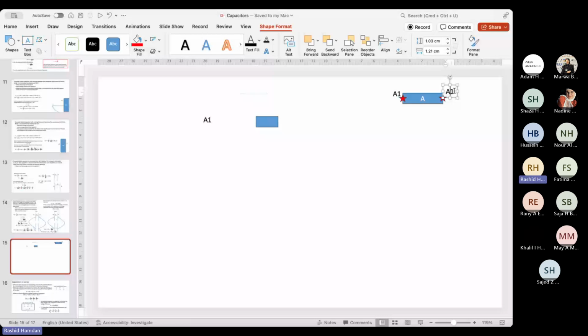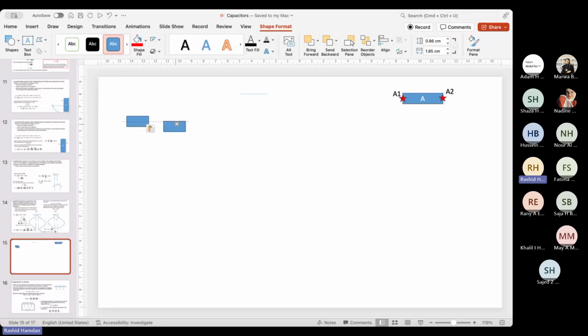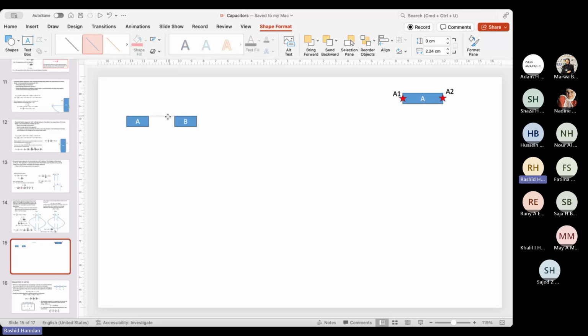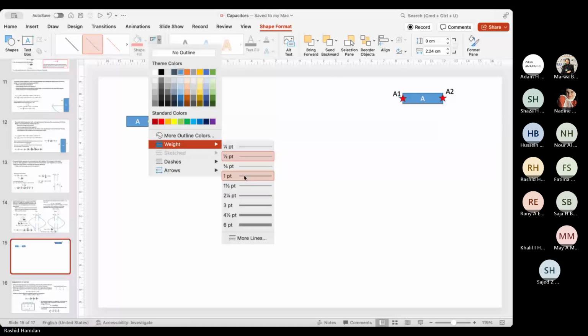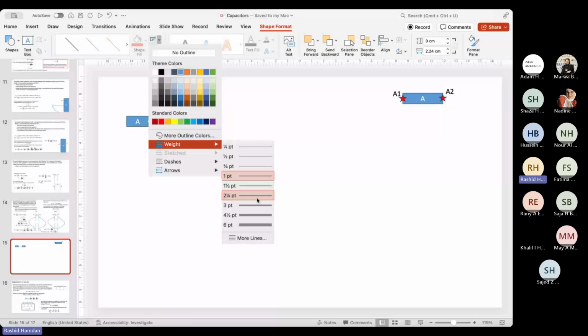Now, I want to connect things in a circuit. If I take two devices, two components, A and B, the first thing I can do is I can connect them from the terminal A2 to B1. Then I have nothing else in between them. So there is no branching in between them.